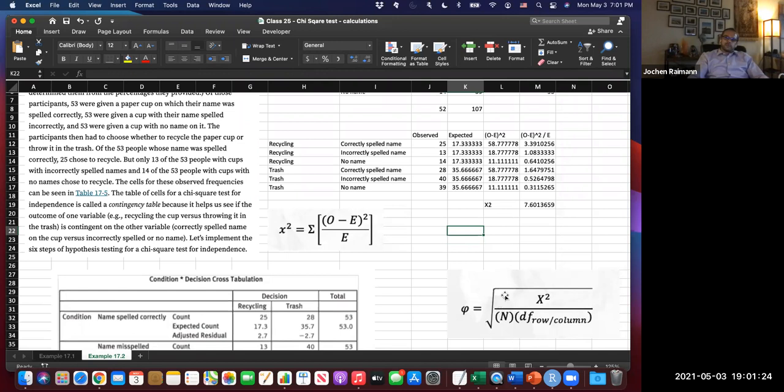So now, essentially we're using the square root of chi-squared divided by the sample size multiplied by the degrees of freedom.